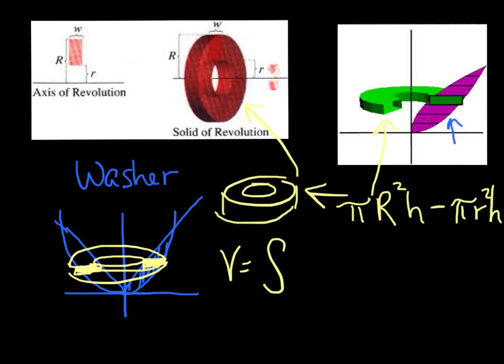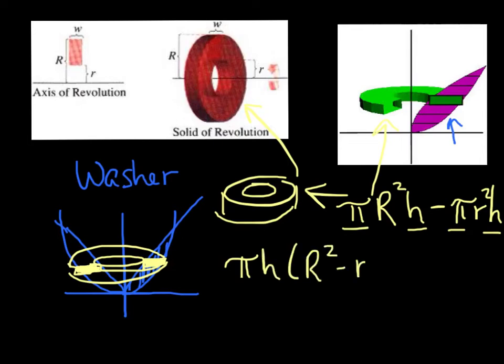Now, let's go back and take this off before we do anything else. So I'm going to work with that for just a minute. Notice that both of these have a pi and an H. So I'm going to factor out a pi and an H, and when I do, I get big R squared minus little r squared.